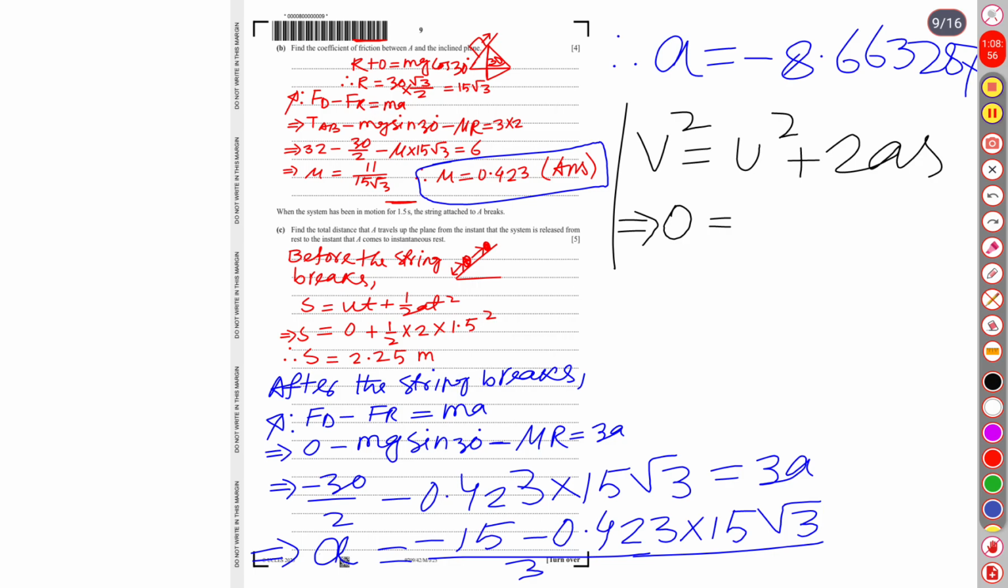Let us find the initial velocity when the string breaks. It was just here.